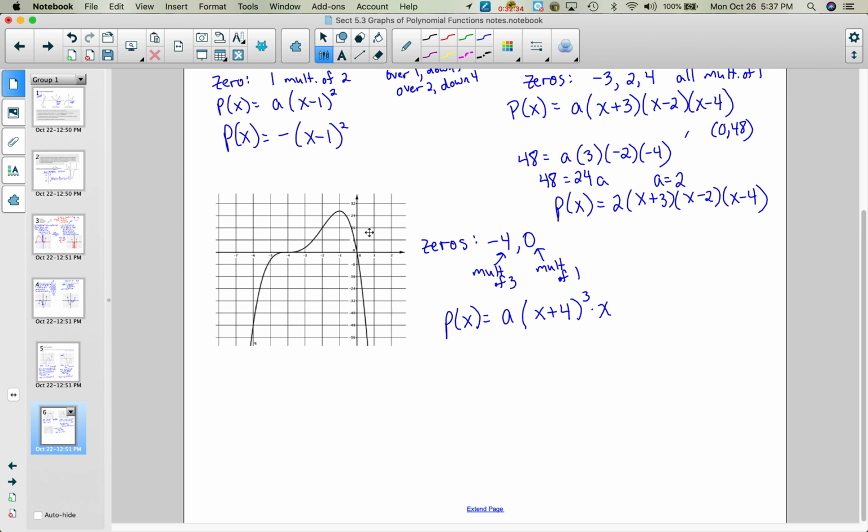And what did I pick? I think this one right here appeared to be negative 6, negative 48. So if you plug in a negative 48 for the y value and a negative 6 here, so we have negative 2 cubed is negative 8 times negative 6.